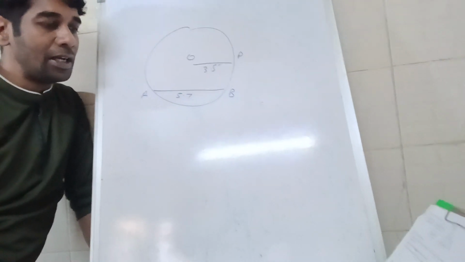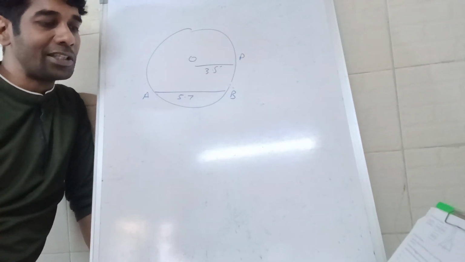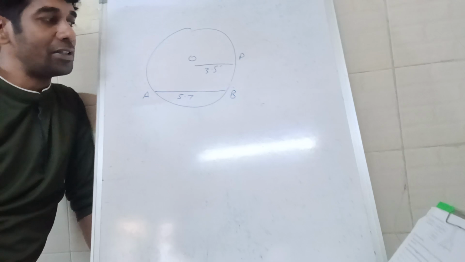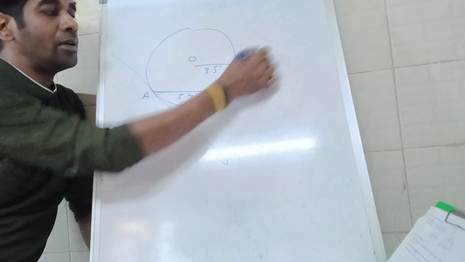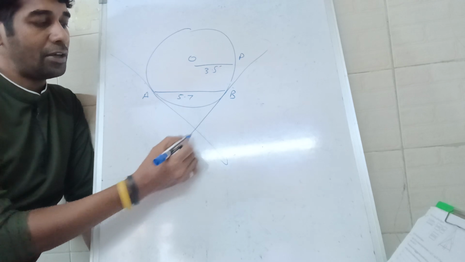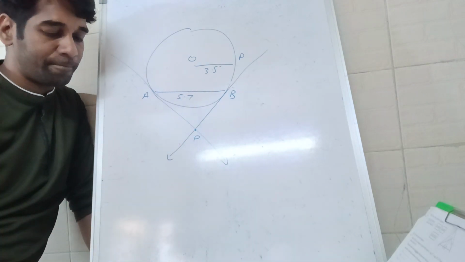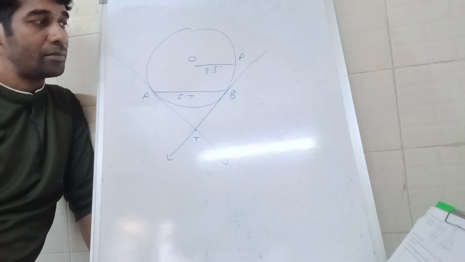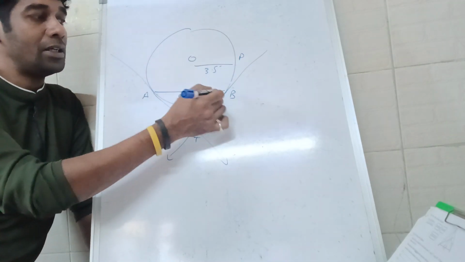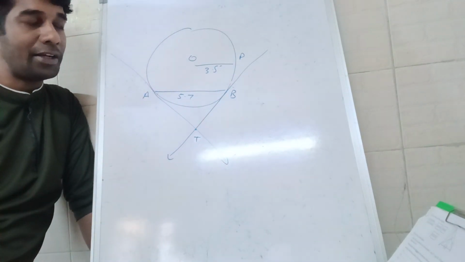Construct tangents at point A and B without using the center of the circle. So here I got to draw tangents, and where they meet could be the point P or T, without using the center. So I cannot take the radius.